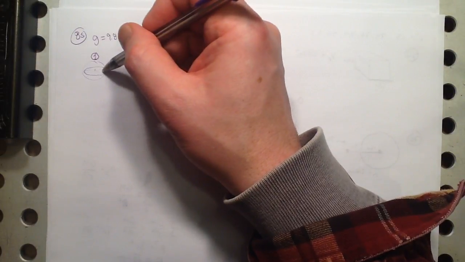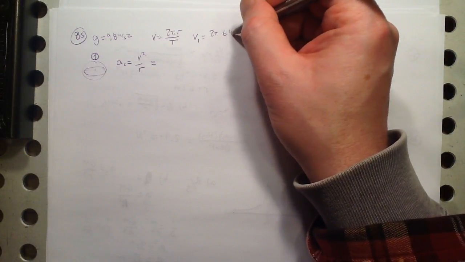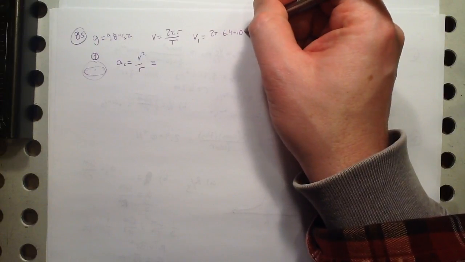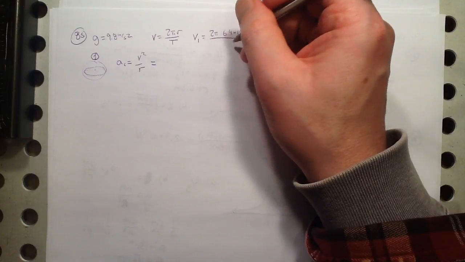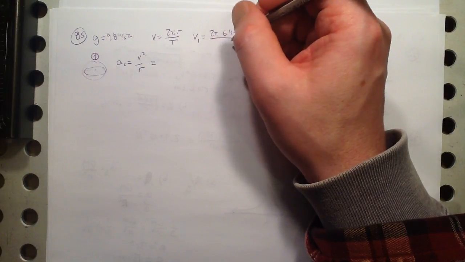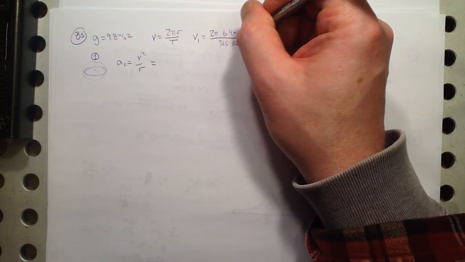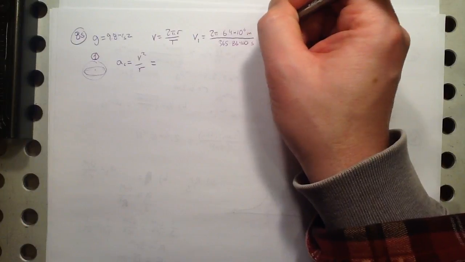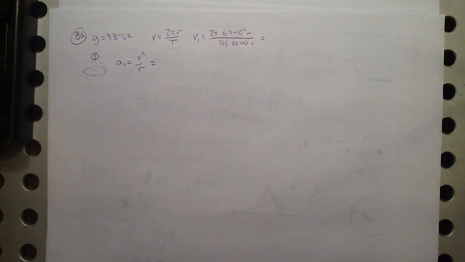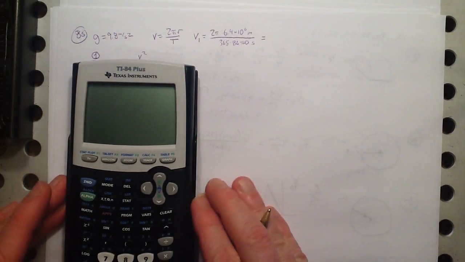The radius of this circle is just the radius of the Earth, which is about 6.4 times 10 to the 6th meters, over the period, which is 365 days. So that's 365 times 86,400 seconds. So let's figure out that speed. How fast are we going in that circle there?